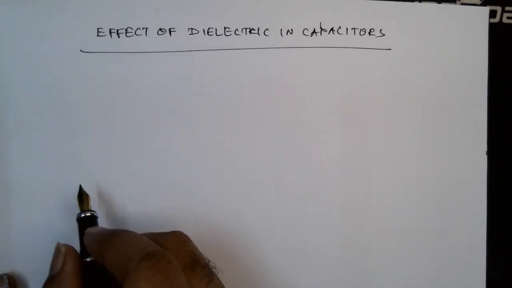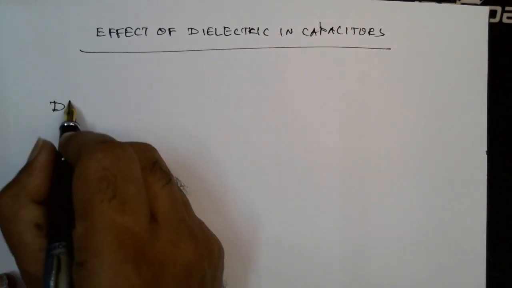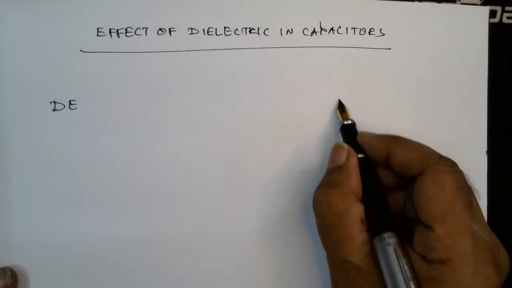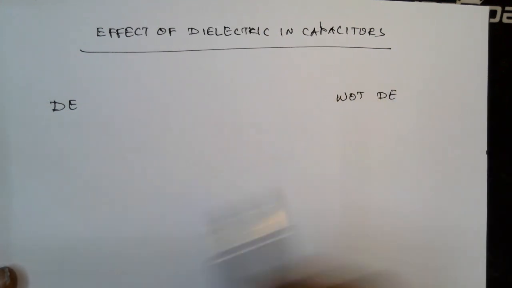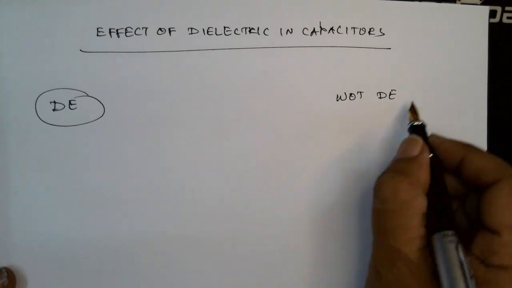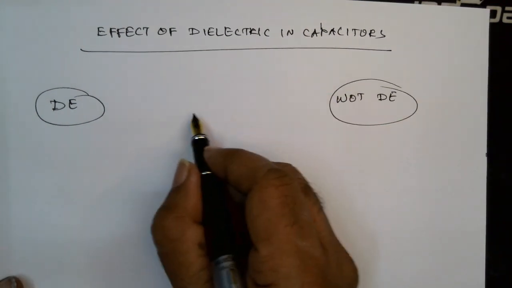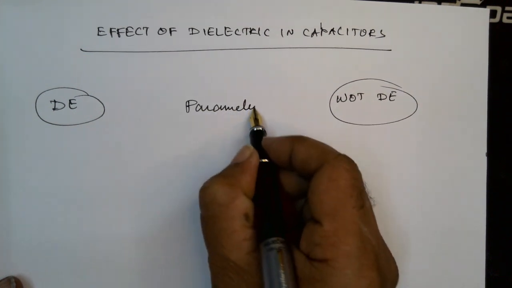Now here we have the dielectric inserted here, without dielectric we have it like this, right? And what are the various parameters? Let us write down the various parameters here.